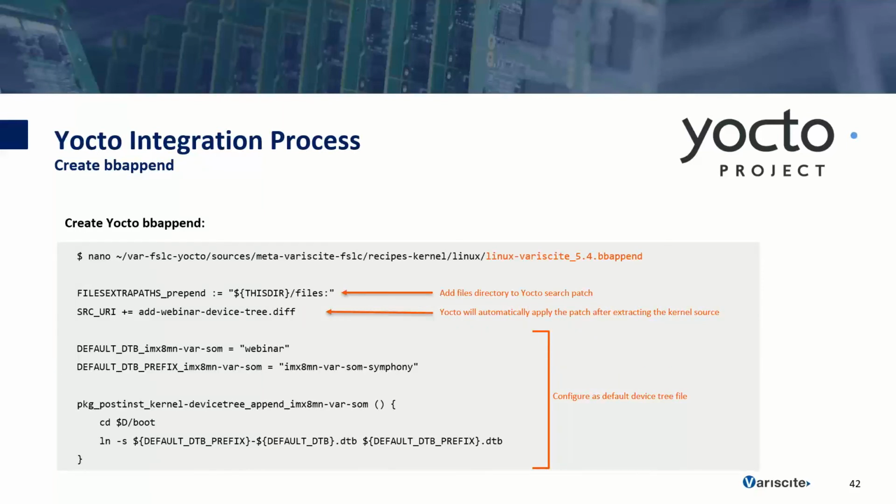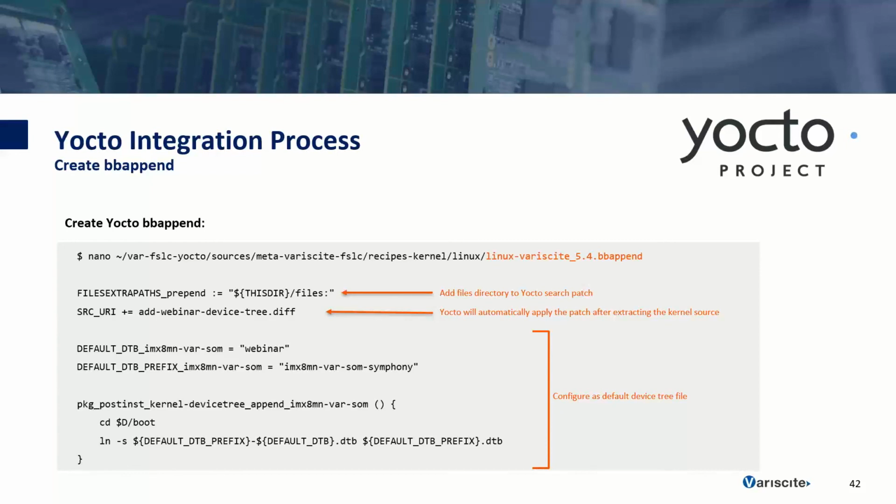So after we've created our new patch file, now we can create a Yocto bbappend file in the meta-variscite layer underneath the Linux directory. The first thing we do here is prepend the FILESEXTRAPATHS variable to add the directory that contains our patch file. Again, that's that files directory. Then we append the SRC_URI variable to fetch and apply the device tree patch.